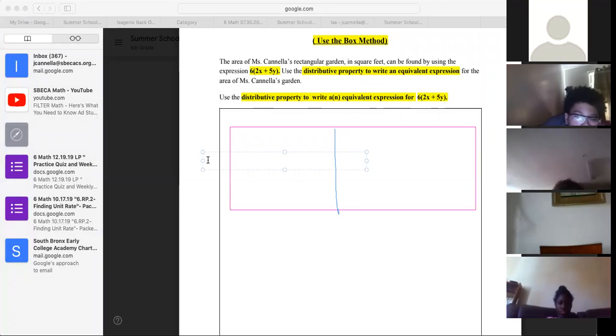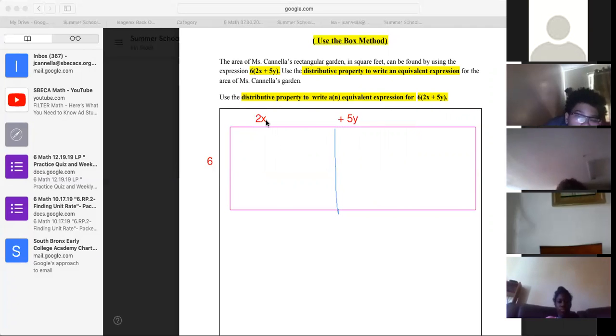Okay, so we're going to put 6 on the outside. I'm going to change this so you can see it, make it in red. I'm going to set it up, and you tell me what we're going to write. 2x, right?